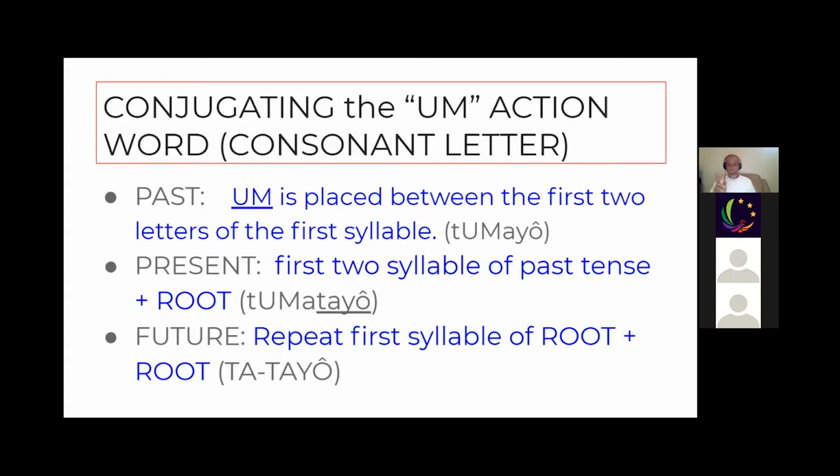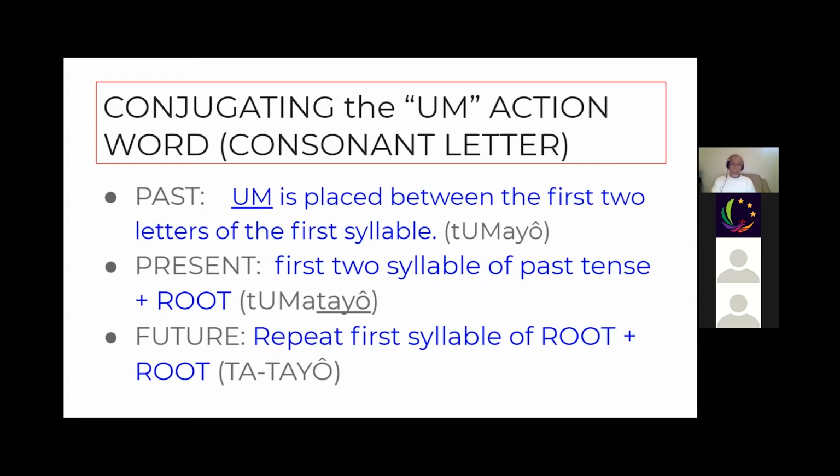Tumayo, the past tense. In the present, the first two syllables, this is a better way to remember it, at least for me, but you obviously might have your own way of remembering it. How I remember it is the first two syllables of the past plus the root. So if your past tense is tumayo, the first two syllables of tumayo is tuma, right? And then the root tayo, tumatayo. And then the future is easy because all you have to do is repeat the first syllable if it's a consonant letter, all right?